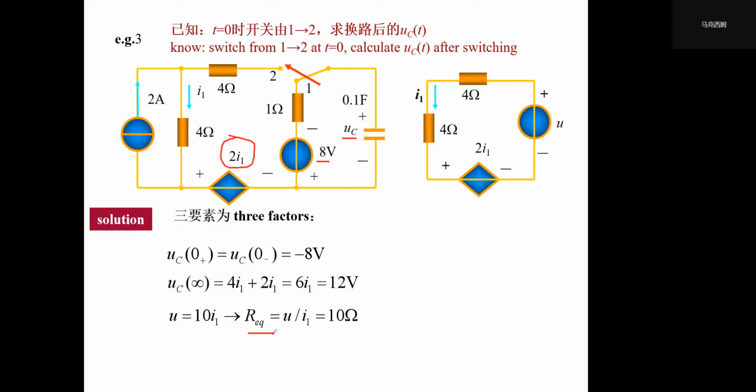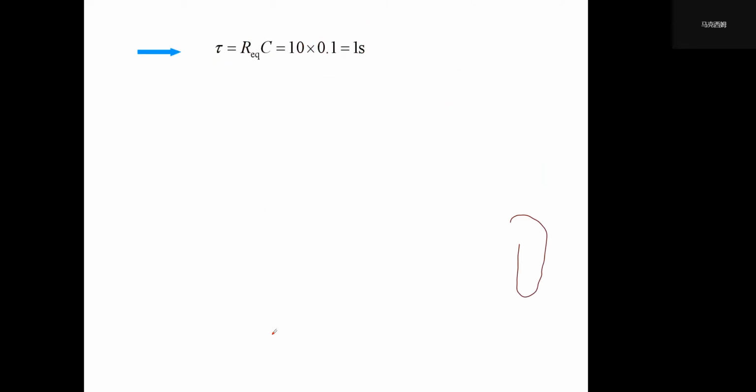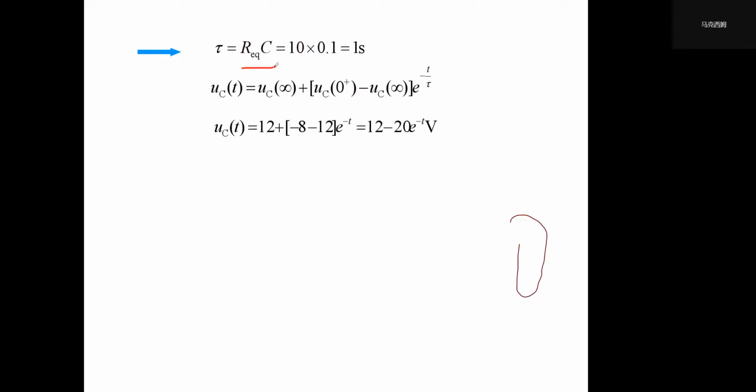Now we can calculate the corresponding tau. Tau equals Req times the capacitance.